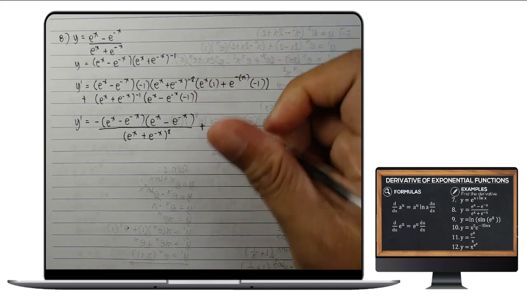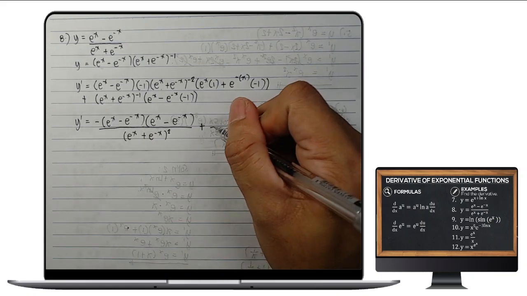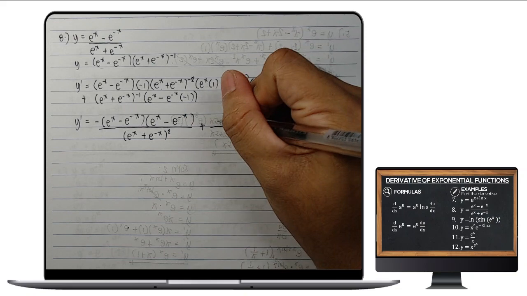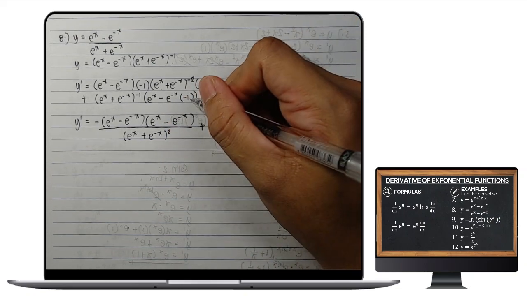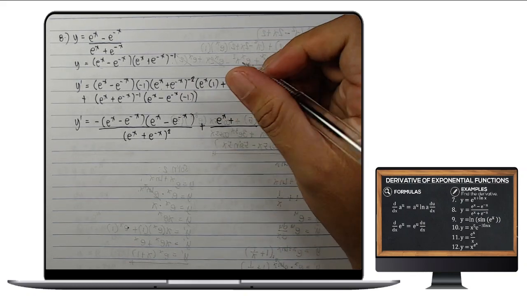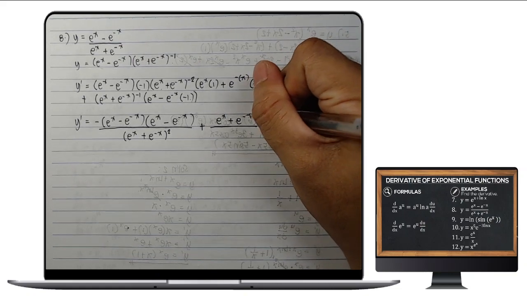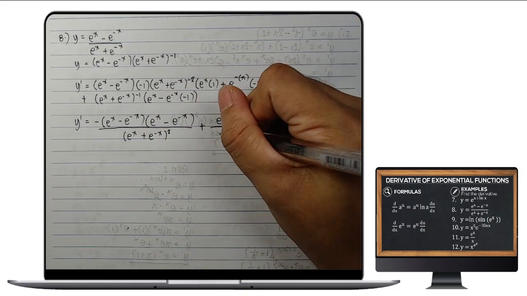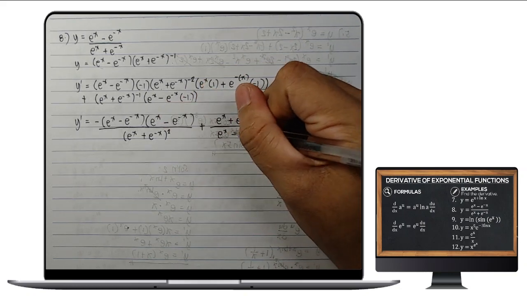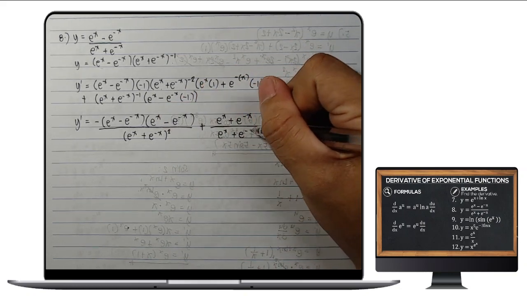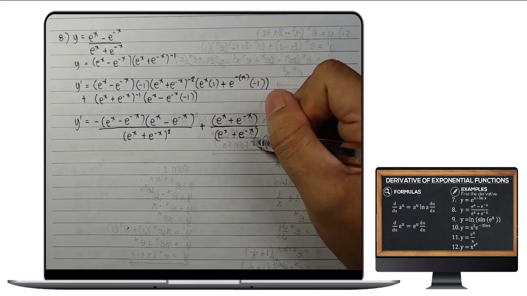Plus, okay, so in this one, so we have e raised to x, so negative, so this will be positive e raised to negative x all over e raised to x plus e raised to negative x. Okay, so notice these functions are the same.